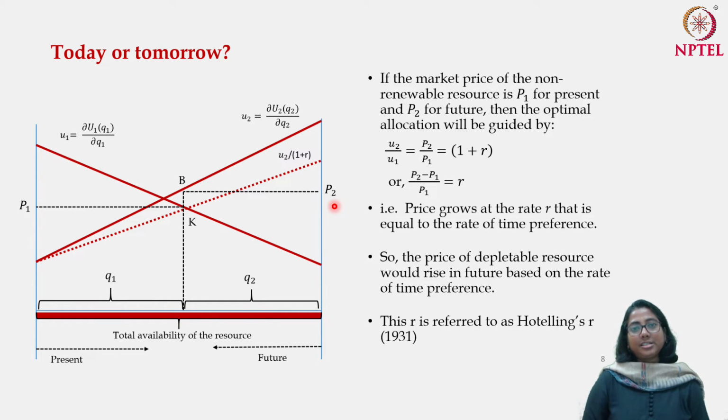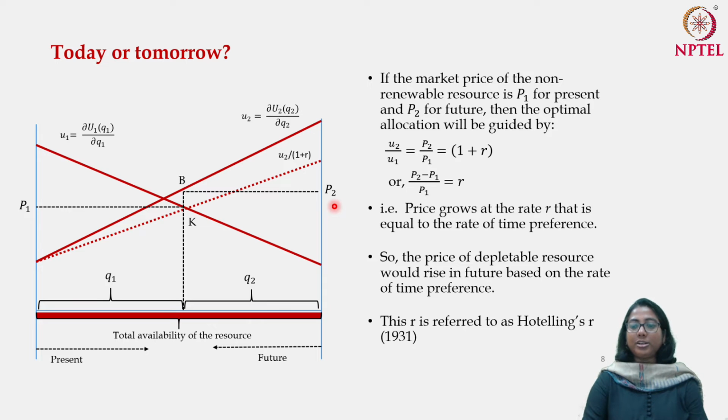This R, the rate at which it is increasing, was captured by Hotelling in his 1931 work. This is often called Hotelling's rule, by which you can explain the pathway of resource extraction in case of non-renewable resources, and can also identify the optimal price path.